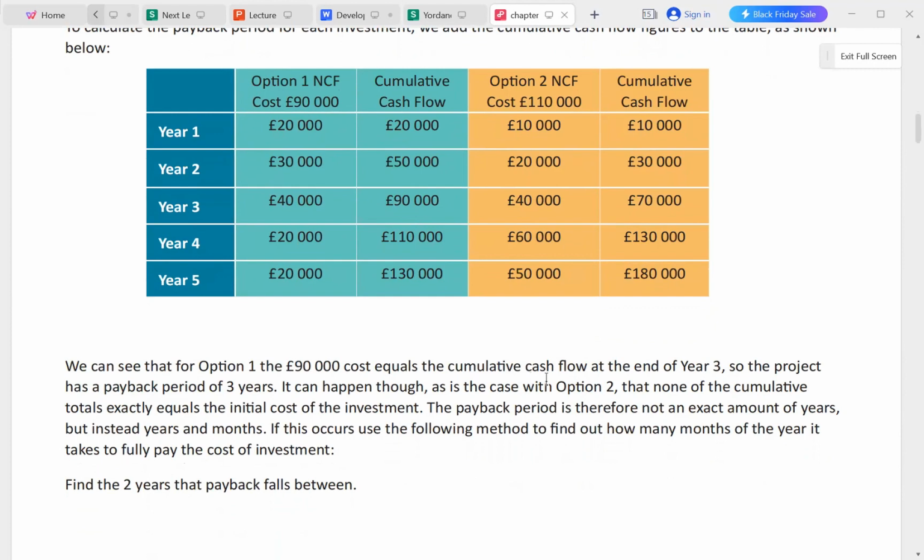Then on option 2, the cumulative total does not exactly equal the initial investment. The payback period is therefore not an exact number of years, but instead years and months. So as you see, in the third year, exactly the third year, we're getting back what we invested.